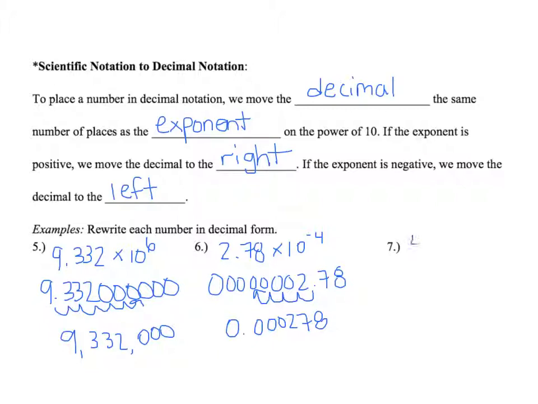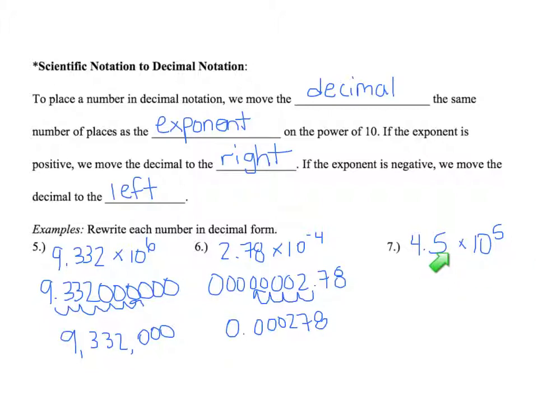The third example, 4.5 times 10 to the 5th power. So because this is a positive exponent, I'm going to move the decimal to the right, so in the positive direction.